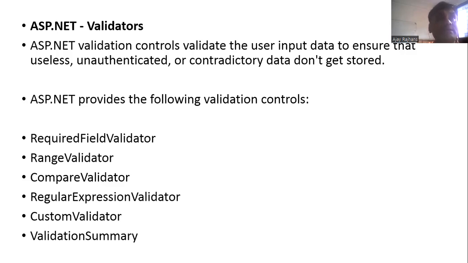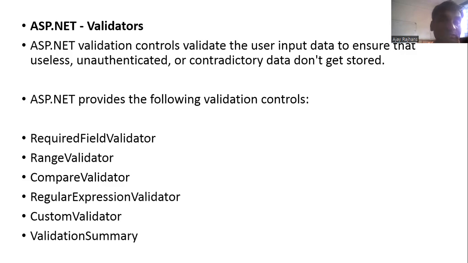Got it? Compare validator always compares your password verification. After that, any text box which needs to be exactly the same as the previous one, for example your permanent address being the same as the current address, is an example present in your compare validator.